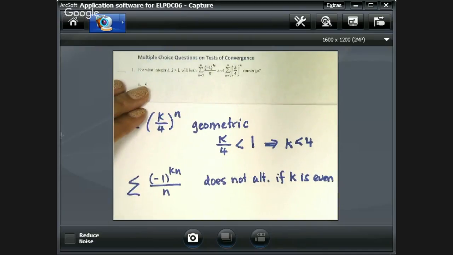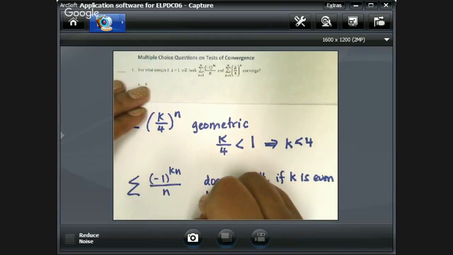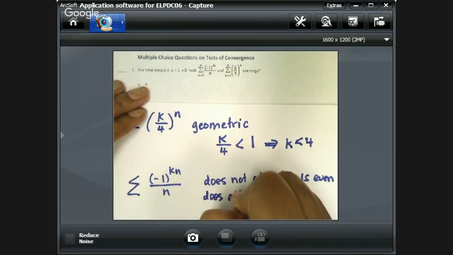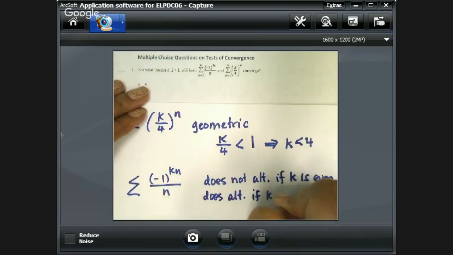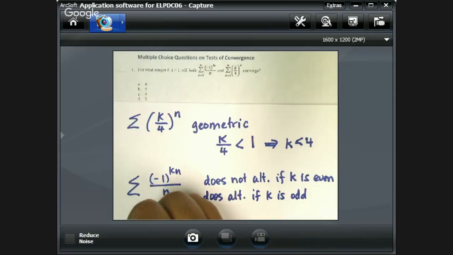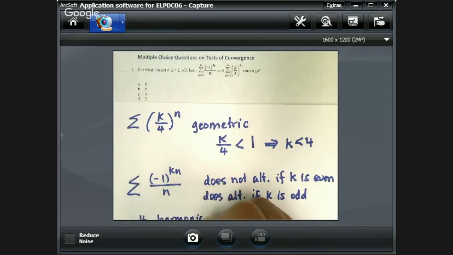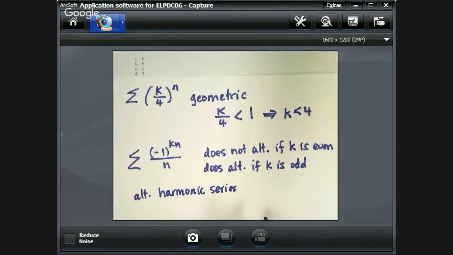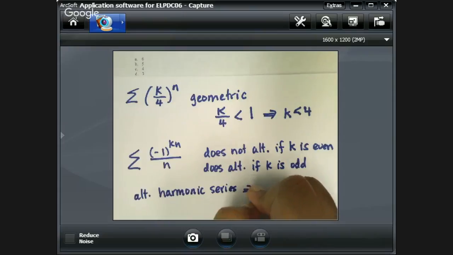So it does alternate, however, if k is odd. And if k is odd, we'll have what we call the alternating harmonic series, which I'm just going to tell you converges.